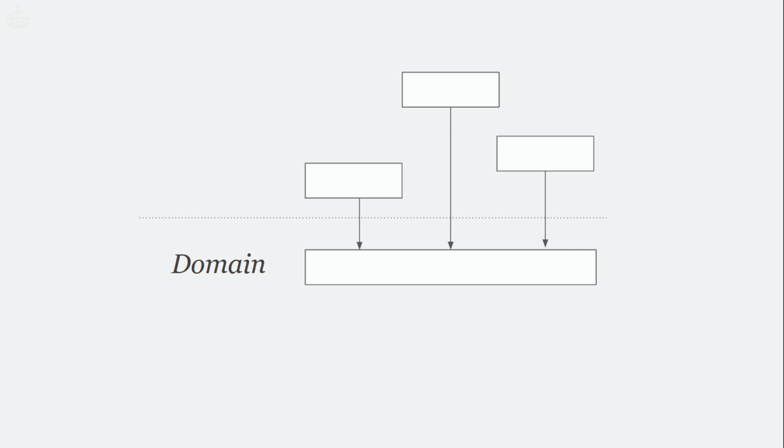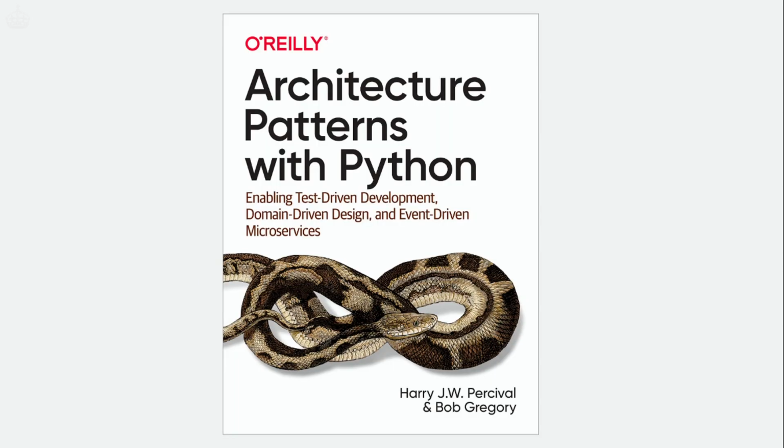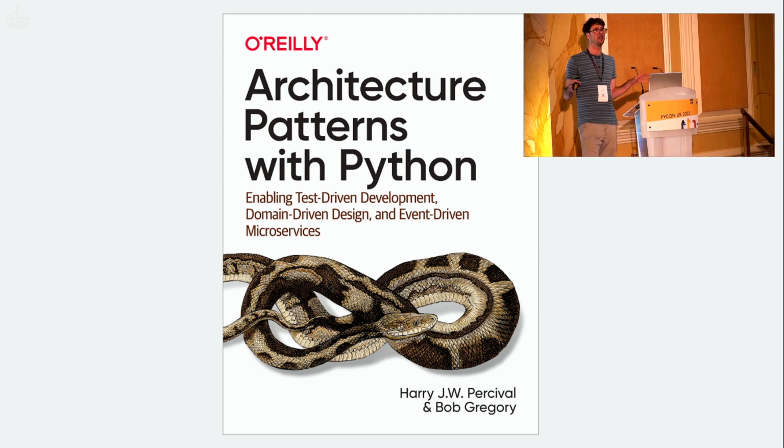You might have heard this called onion architecture, hexagonal architecture. I don't have time to talk about it now, but fortunately, there's a very good book, which is written by him, Harry, so you can talk to him afterwards, and mostly Bob. It's a really great book, and it talks a lot more about all these things.